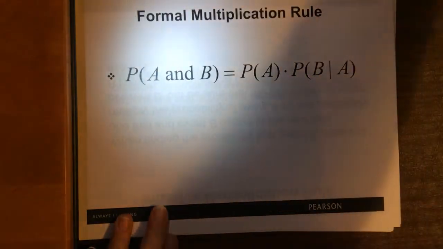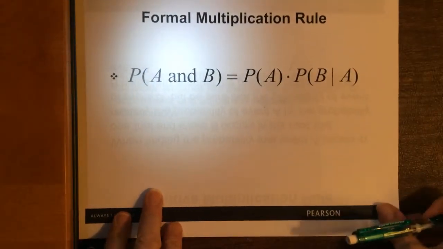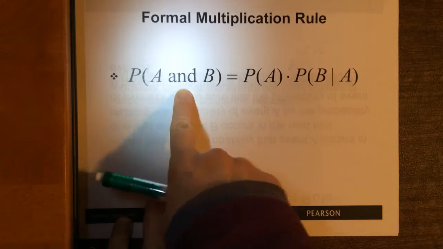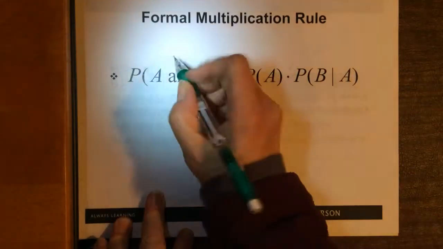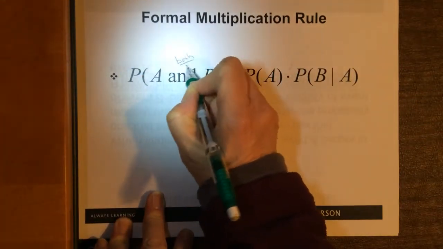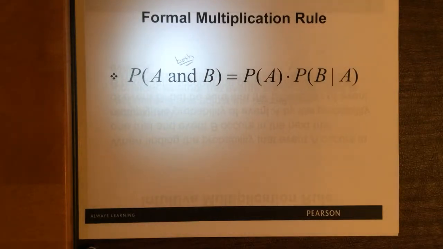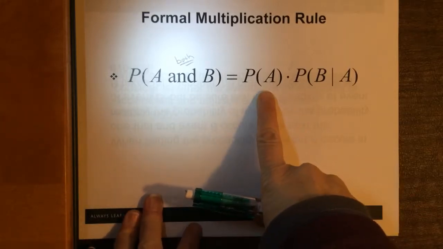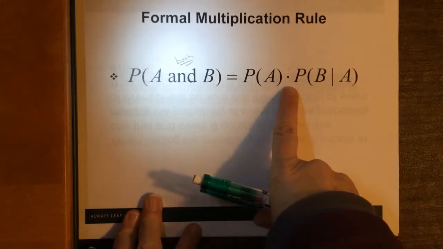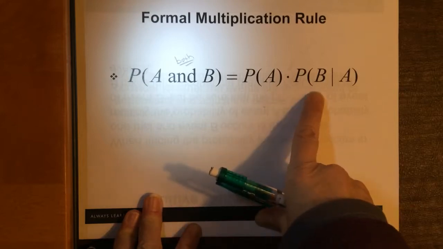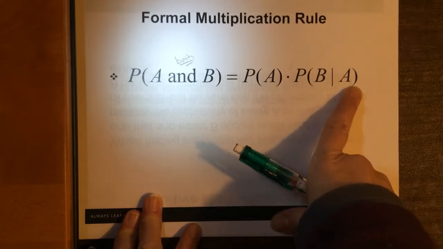So the formula then to figure out the probability of A and B happening, and you can replace that word "and" in your mind with "both," so both things have to happen, is the probability that A happens times the probability that B happens given A happened.